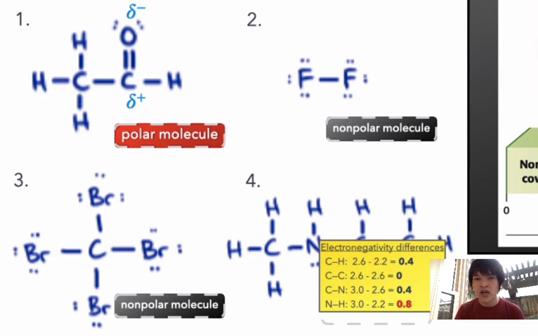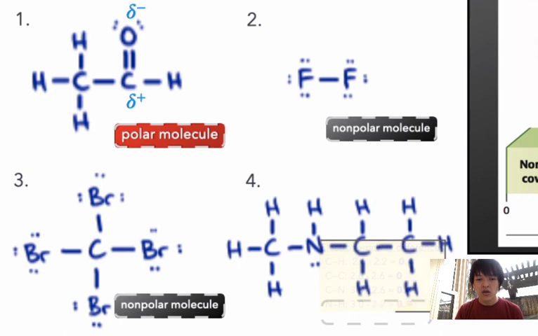And we're going to be drawing a dipole moment arrow for this. So we draw the arrow pointing towards the nitrogen because nitrogen is more electronegative than hydrogen. And that means that there is a partial negative towards the nitrogen and a partial positive on the hydrogen side. That makes this whole molecule a polar molecule.